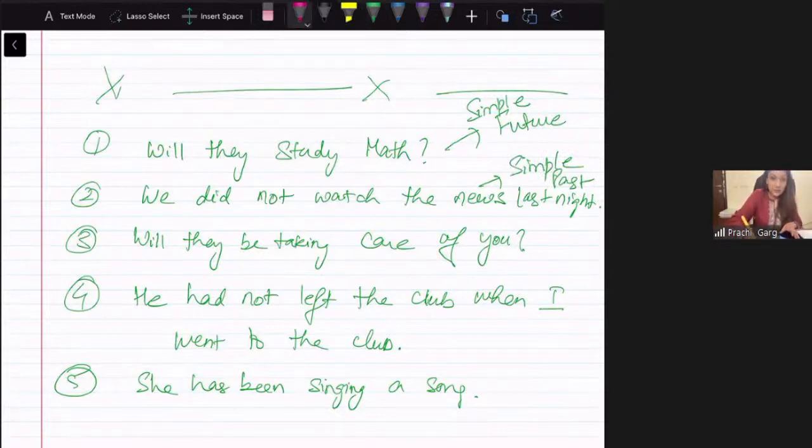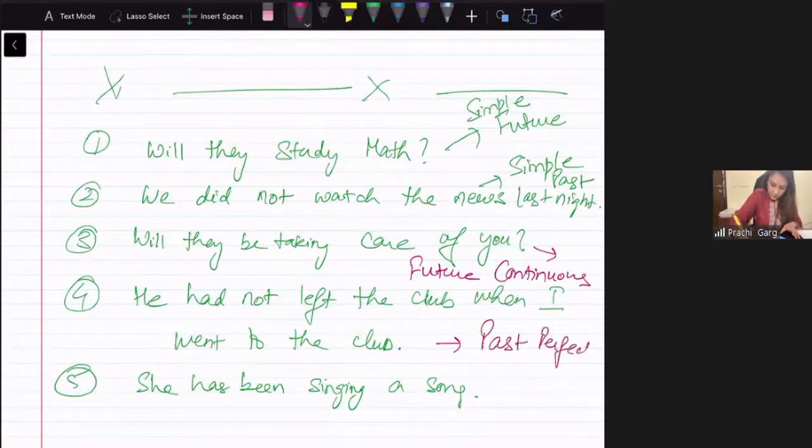The third one is future continuous. The fourth one is past perfect. And the fifth one is present perfect continuous.